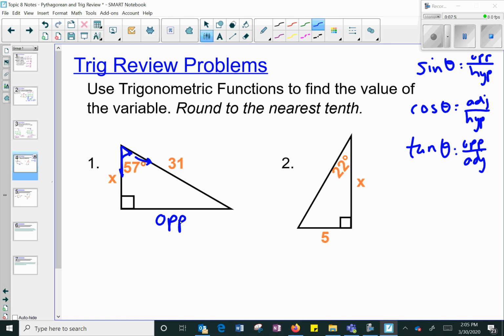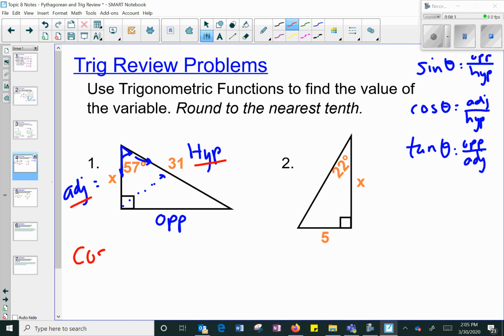Remember, adjacent means next to. So this side is the adjacent, and the one across from the 90-degree angle is always going to be our hypotenuse. Now that we have our sides labeled, we have to determine which function actually uses adjacent and hypotenuse. Well, that's going to be our cosine function.